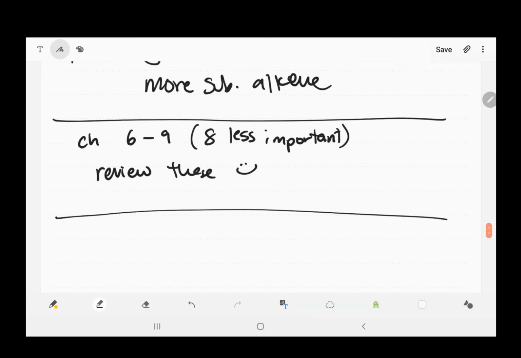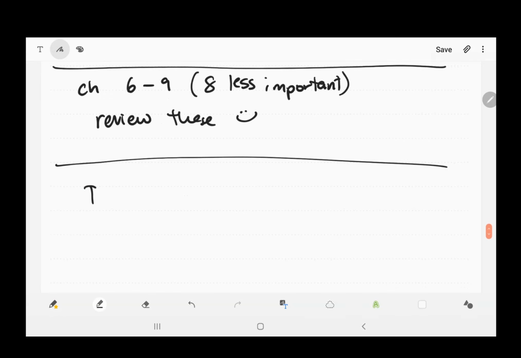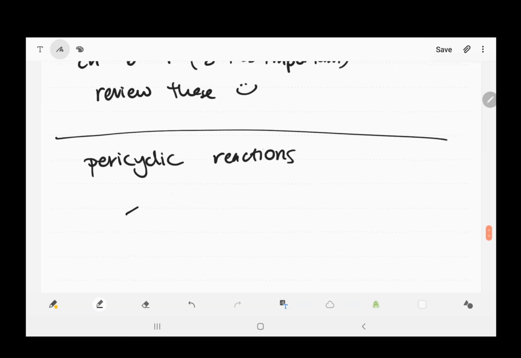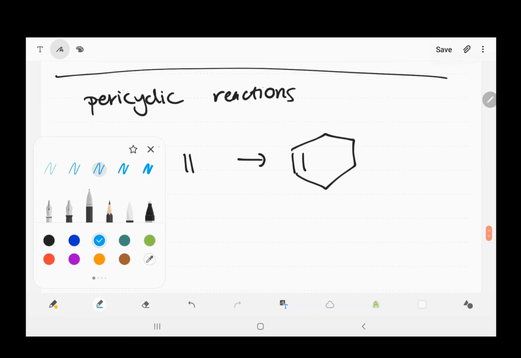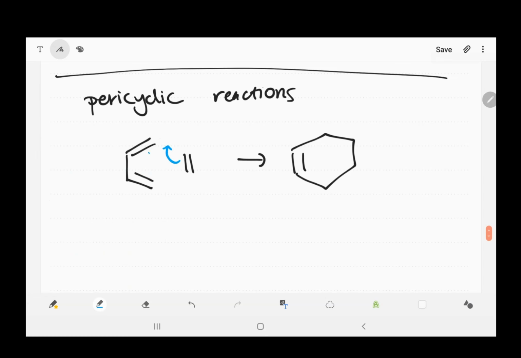Alright. Let's talk about a class of reactions called pericyclic reactions. We're going to have a couple of examples here. I'm going to just draw some arrows. We're going to see different types of reactions here.